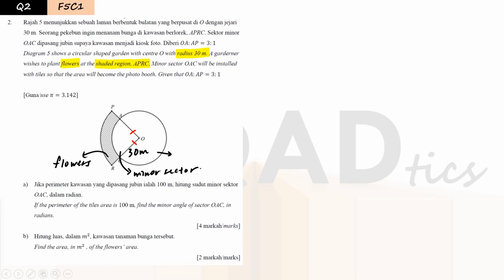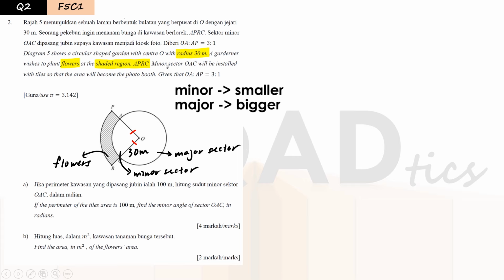Minor means smaller. And the bigger part here is called the major sector. Major means bigger. So this minor sector OAC would be this part here, and will be installed with tiles.